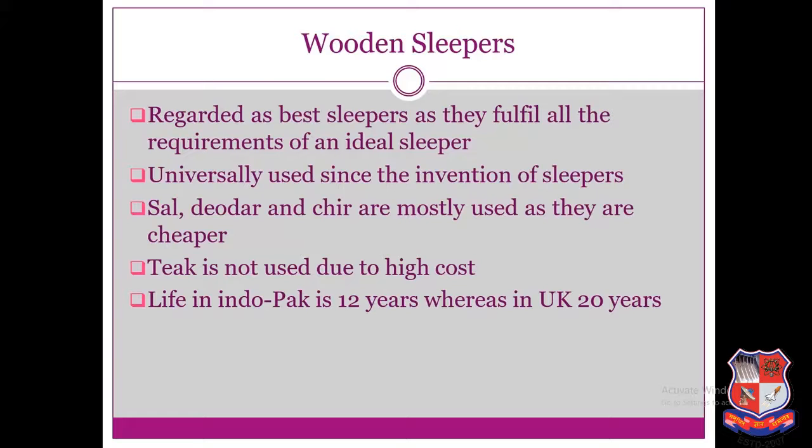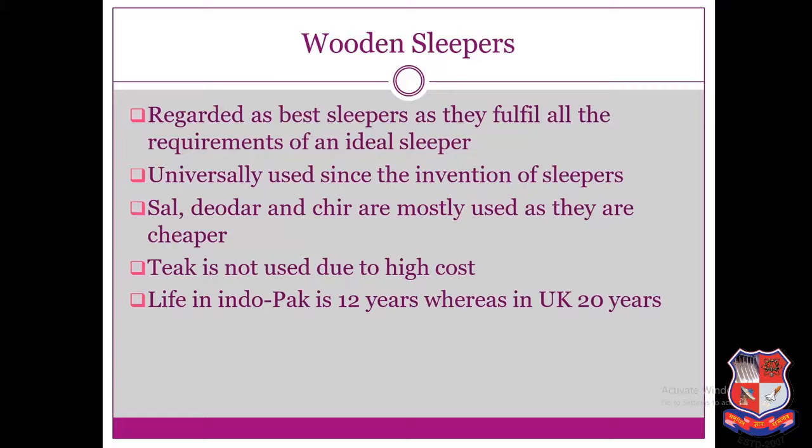So teak wood is not generally used due to its high cost. Second, sal wood. It is hard, strong and cheap, and hence it is mostly used as sleeper. Third, deodar and chir wood. These sleepers are also used where these timbers are easily available.